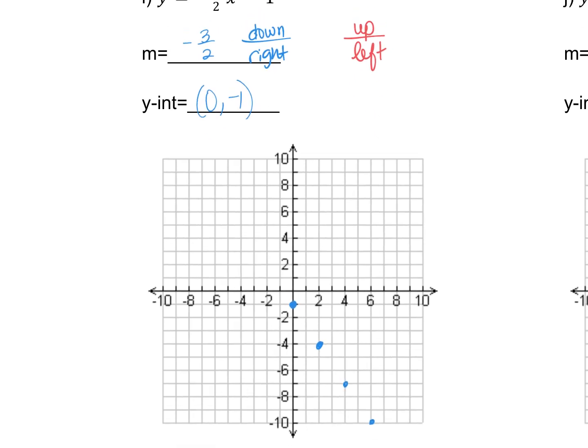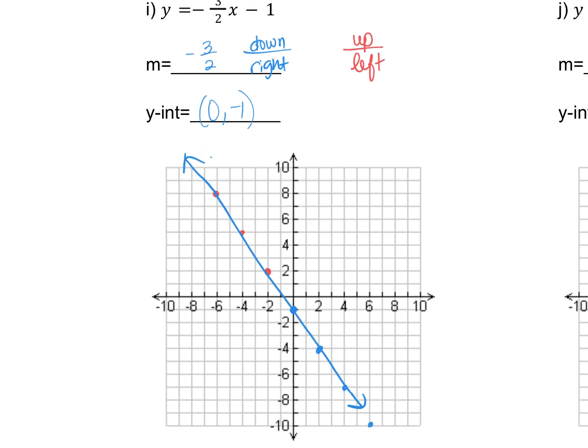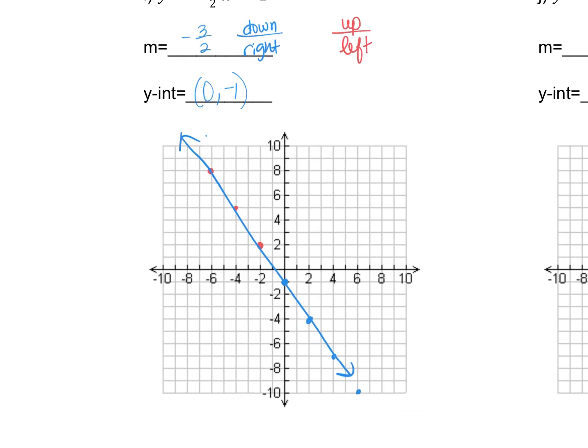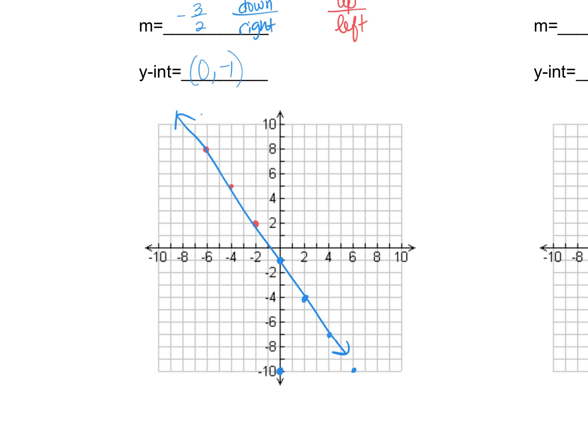So if you go up 3, left 2, that would work. Up 3, left 2, up 3, left 2. So as you can see, this still makes the exact same line. It is a line, but sometimes whenever you run out of graph, say my y-intercept is right here and I would be off the graph, that's what you may have to do.